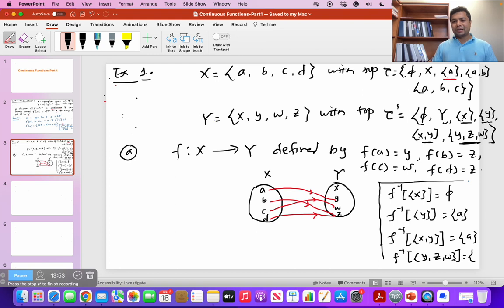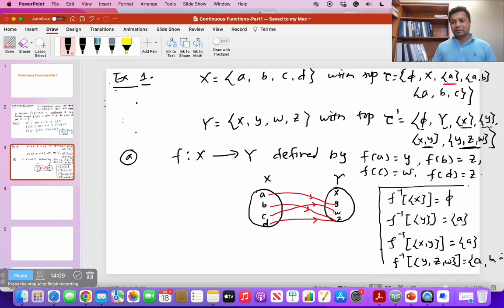From the diagram, the inverse image of Y is A, and the inverse image of Z has two elements, B and D, and then the inverse image of W is C. A, B, C, D, that is the whole set X. So the inverse image of this open set Y, Z, W is the whole set X, which is one of the elements in tau.